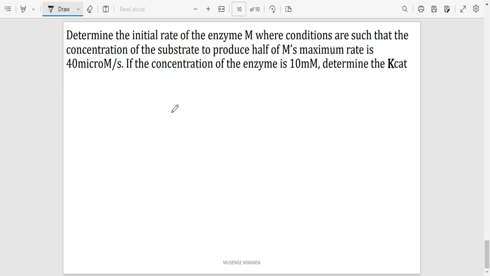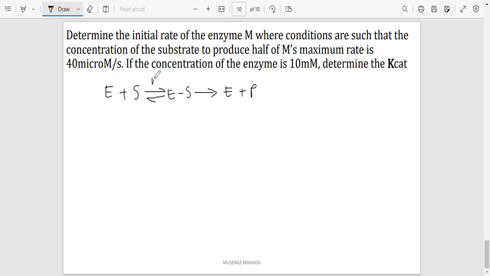Now, what does this mean? If I've got an enzyme plus the substrate, what am I going to form? The first thing that we form before we go to the product is the enzyme-substrate complex. Then the enzyme-substrate complex is going to form the enzyme plus the product.